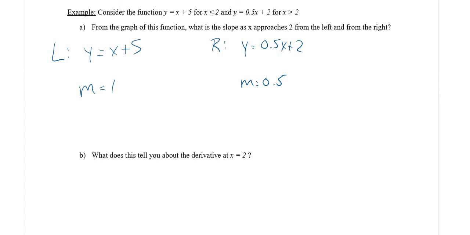So question B asks, what does this tell you about the derivative at x equals 2? And the real big question we have here is, even if they do line up, they may be two lines that actually intersect at this x equals 2, but it looks like the slopes are totally different. So if we were to try and draw a tangent to this, which slope would we use? It doesn't really make sense.